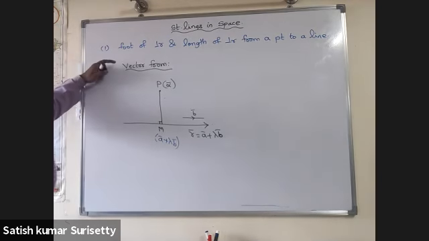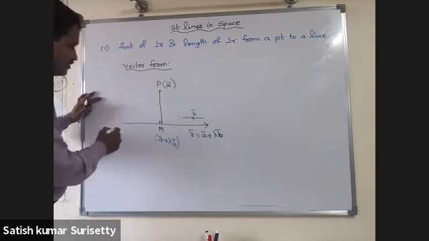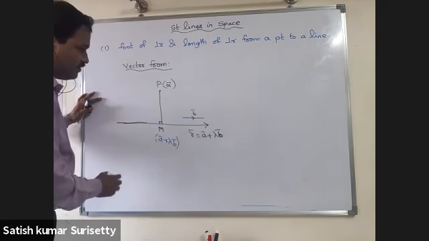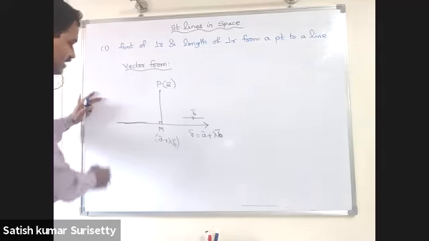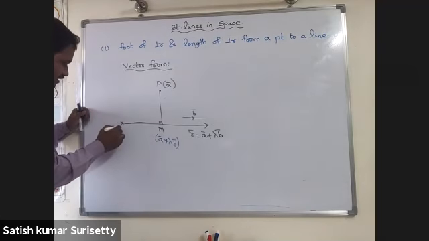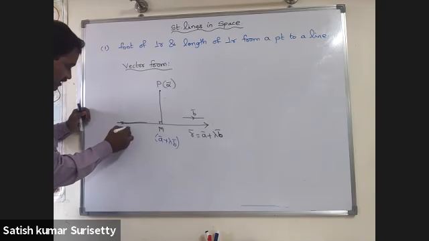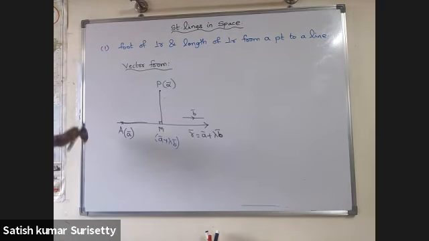Another way of explanation of vector form: if I take a specific point on this line as A, let us denote the position vector of the point A as a bar.